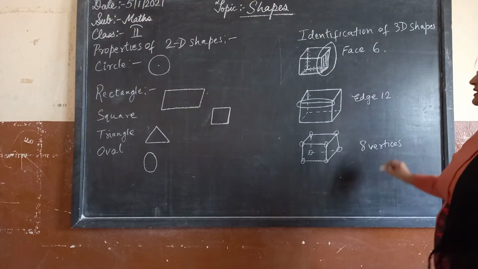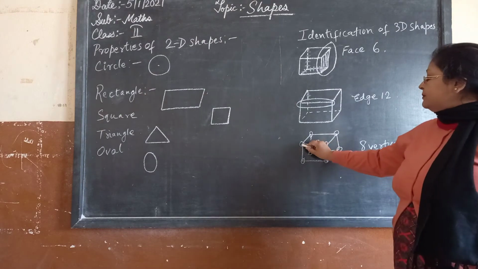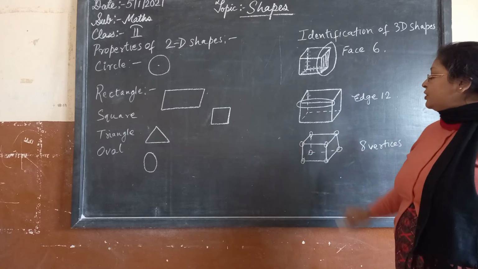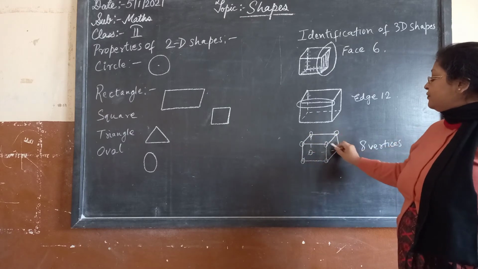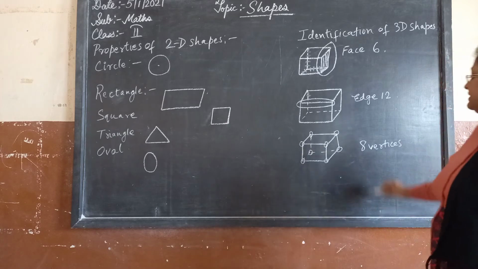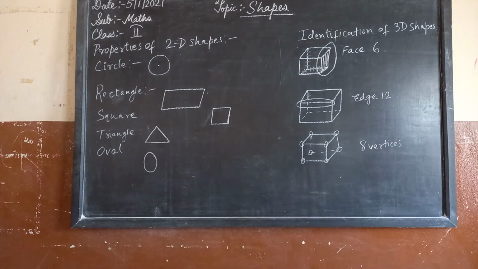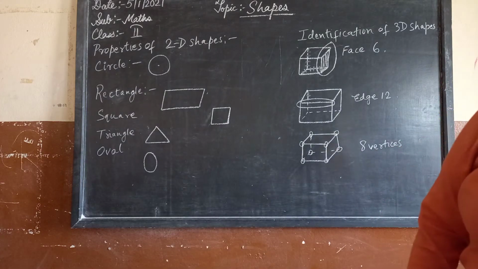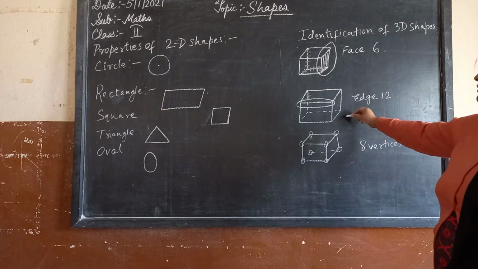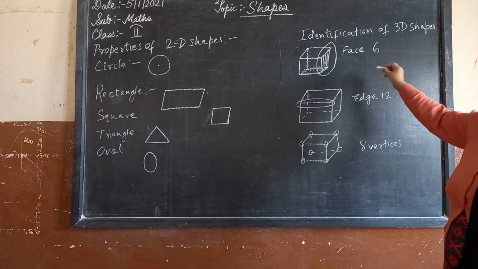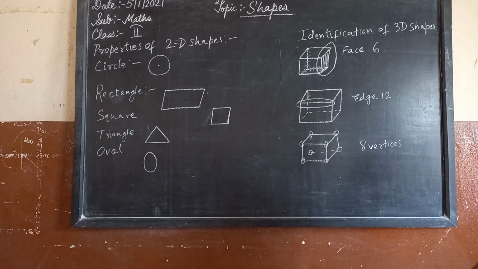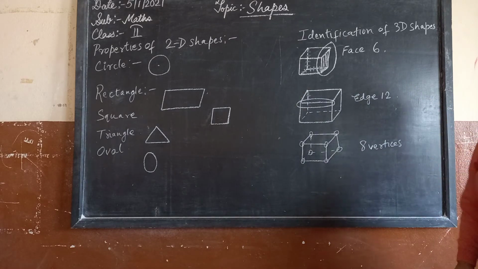Then 8 vertices. This meeting point is the corner point. 1, 2, 3, 4, 5, 6, 7, 8. 8 vertices are there in the cube itself. So we are considering a cube. In this cube, we have 6 faces, 12 edges, and 8 vertices.